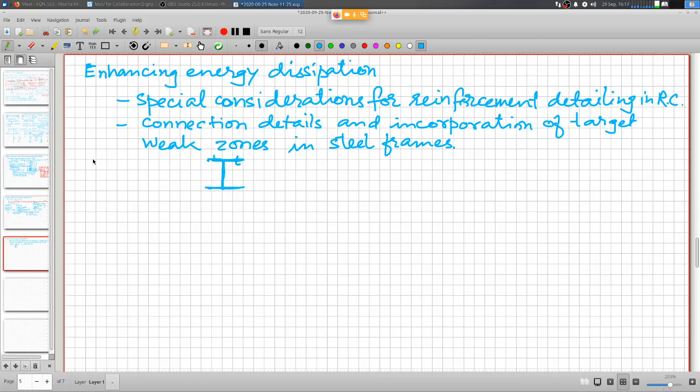If I look at it, this is the elevation, this is the side view, and maybe if I can draw the plan, then I would see material being removed from the flange.